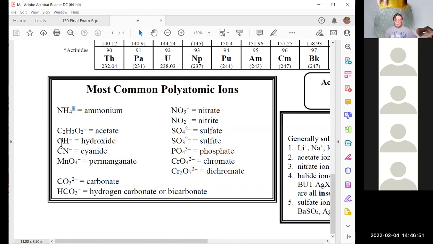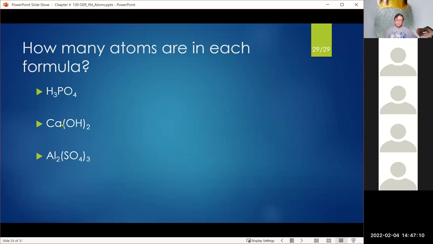If you look at OH right here, here's the polyatomic ion, it has a negative charge, and its name is hydroxide. And that's why I know Ca is calcium, one of the 20 ions that you should be familiar with. So it's calcium, and then in parentheses is hydroxide: calcium hydroxide.